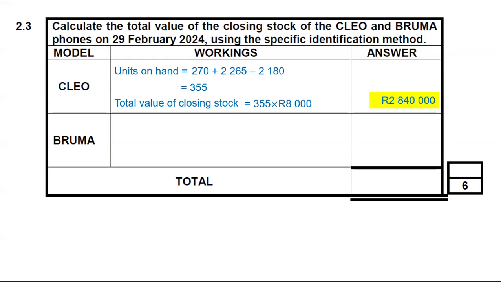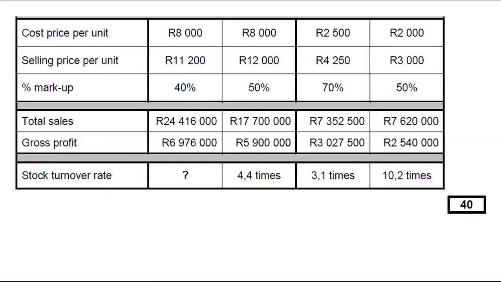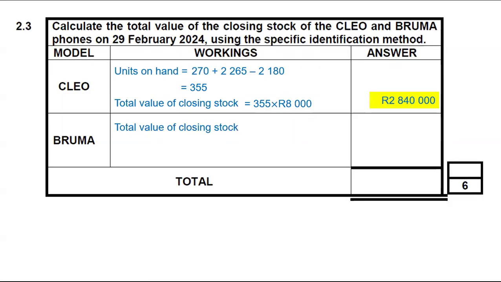For Bruma, we had the value of closing stock, which was 920, right? So if we want the value of that 920, we need the cost price. And what is the cost price of Bruma cell phones? Cost price of Bruma cell phones is 2,500. So you will just take that 920 and multiply it by 2,500. It'll give you the value of closing stock of Bruma cell phones.